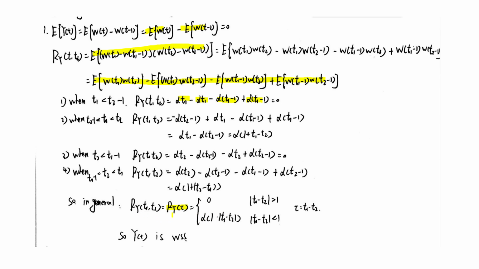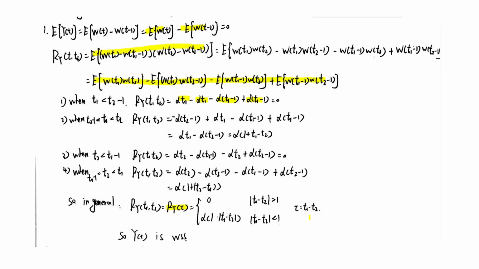And when the absolute value of t1 minus t2 is less than 1, R_Y(tau) is equal to alpha (1 minus the absolute value of t1 minus t2).